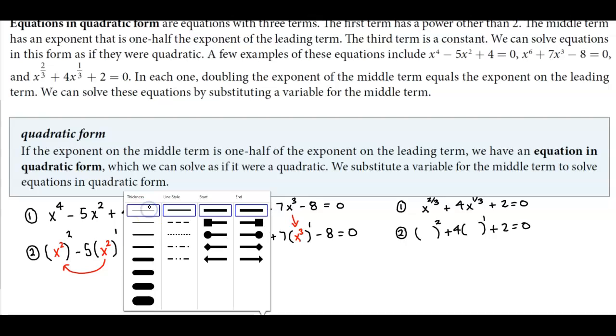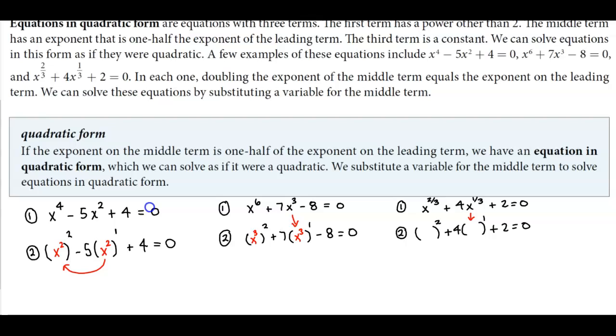Now again, we're going to take our middle variable term, which is x to the 1/3, because x to the 1/3 raised to the first power is x to the 1/3. If we put an x to the 1/3 over here, x to the 1/3 squared is x to the 2/3. So therefore you can see how we substitute.